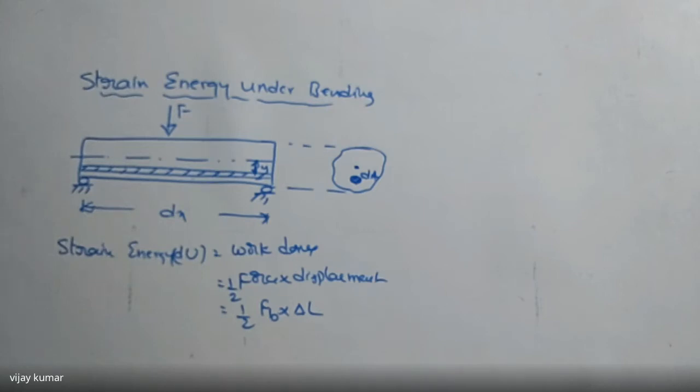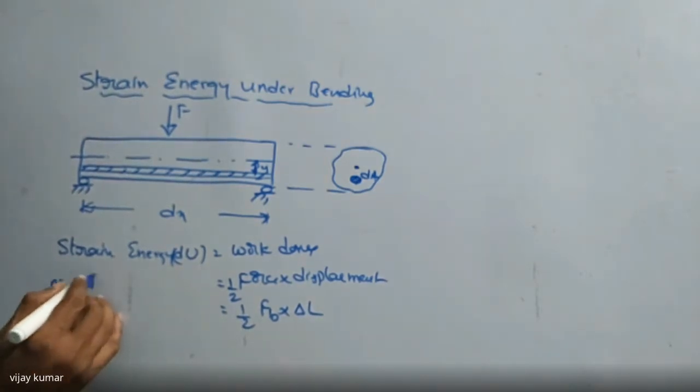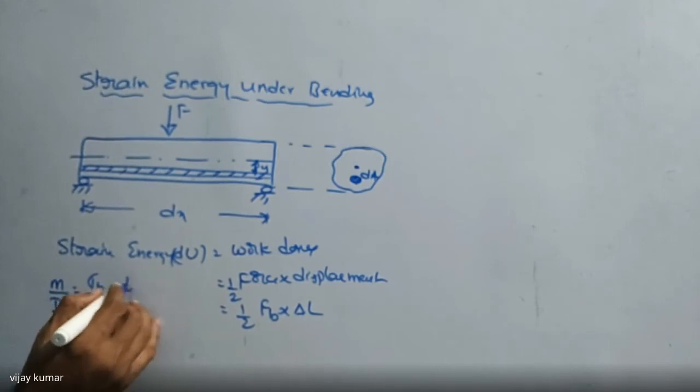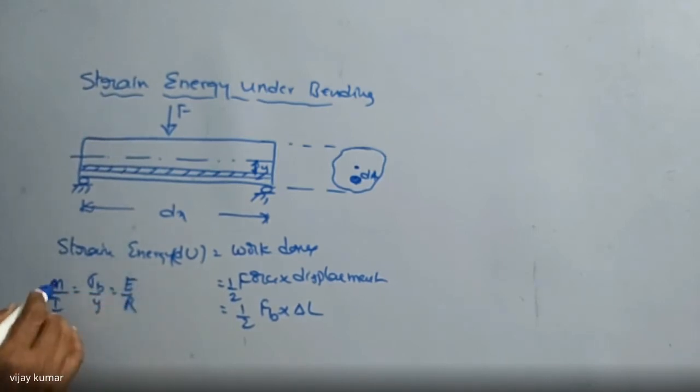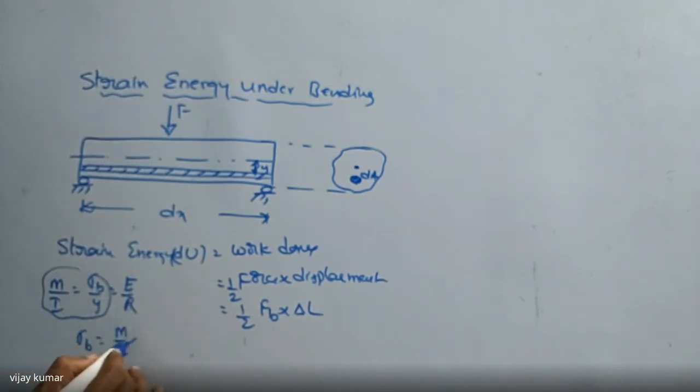So F_B, according to the bending equation, we can write M by I is equal to sigma_B by y is equal to E by R. Then from this equation, I'm writing sigma_B is equal to M by I into y.